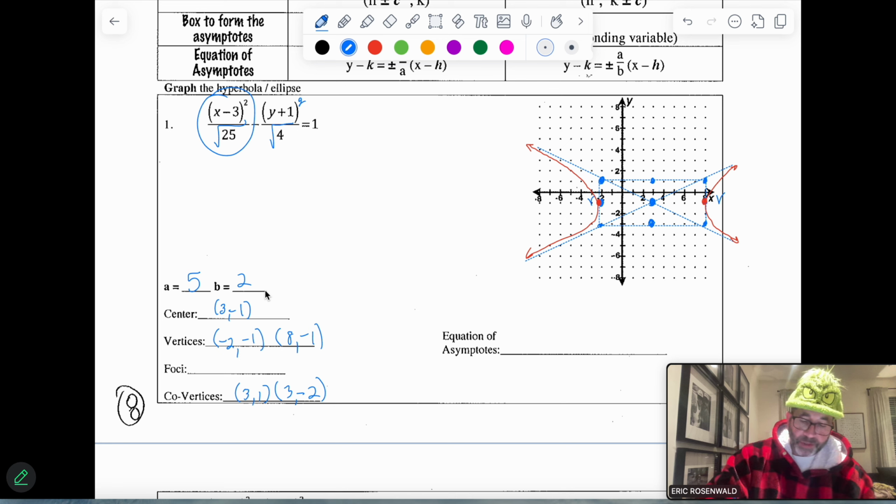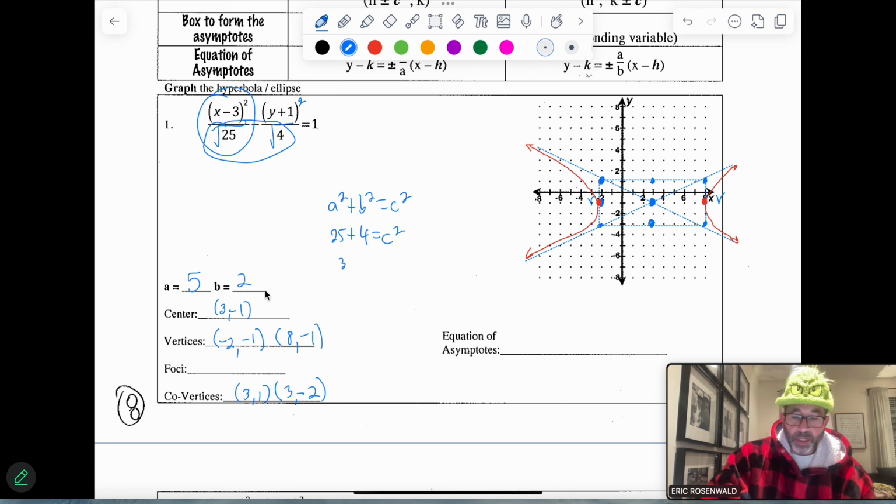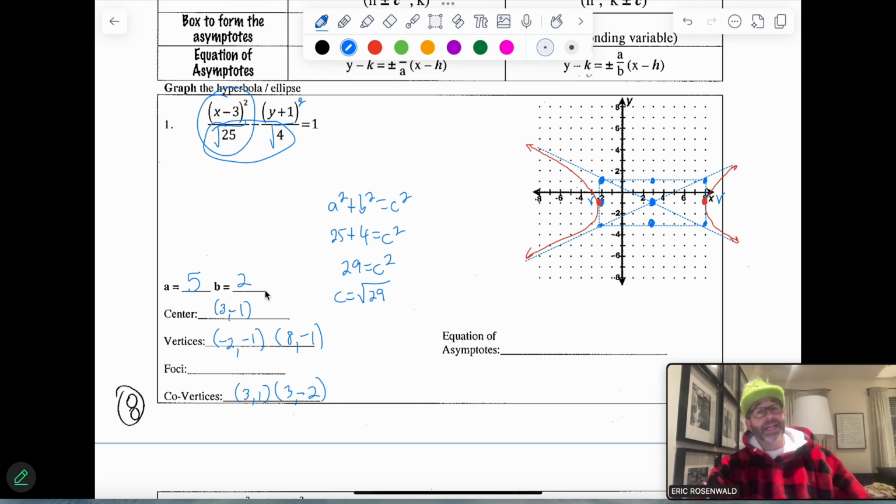My focus for this, if you recall, is a squared plus b squared is equal to c squared. So we take our values that we have, the a's and the b's, and it's going to be 25 plus 4 is going to equal c squared. So we have 29 equals c squared. So that tells you that the c value is going to be equal to the square root of 29.